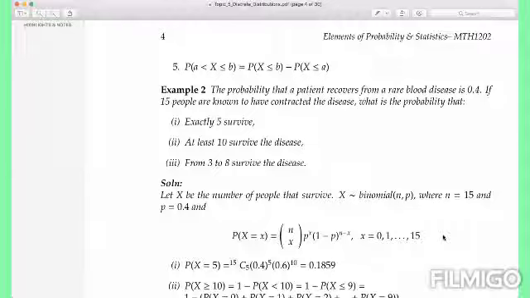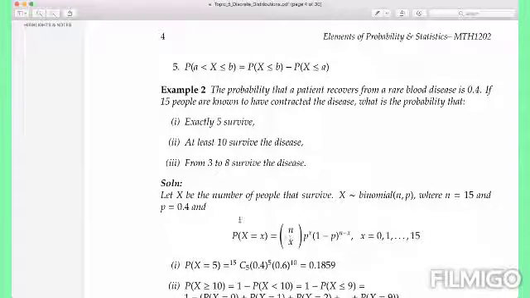For the first one, of course, this could be modeled as a binomial distribution problem, and the probability of success now becomes 0.4. Then n, because we are picking from 15 people, becomes 15. And then we can get the probability that exactly 5, x equals 5, like this.